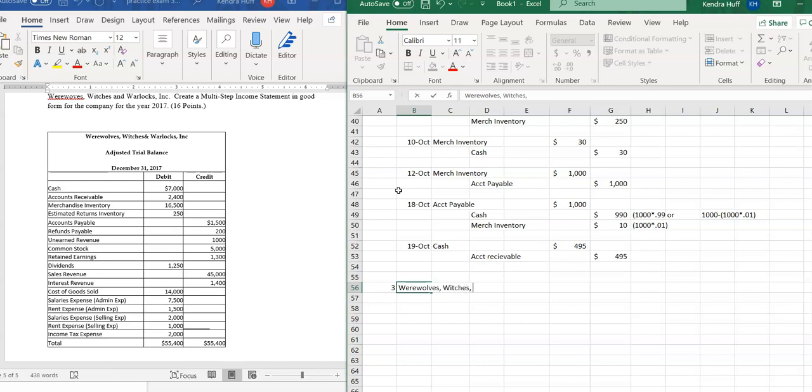This is obviously from around Halloween. Witches and Warlocks. Income statement for the year ended, I don't know what year, December 31st.